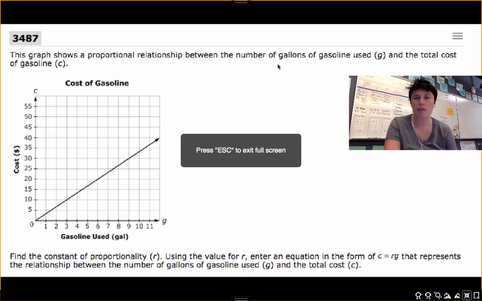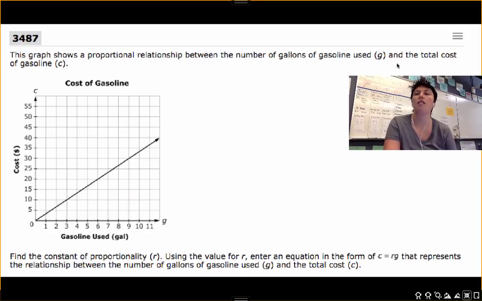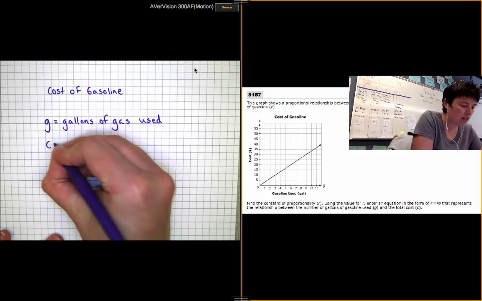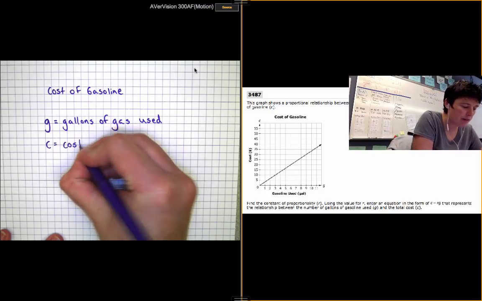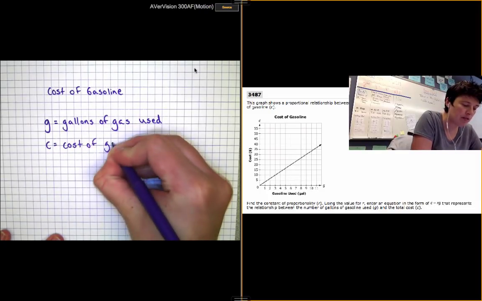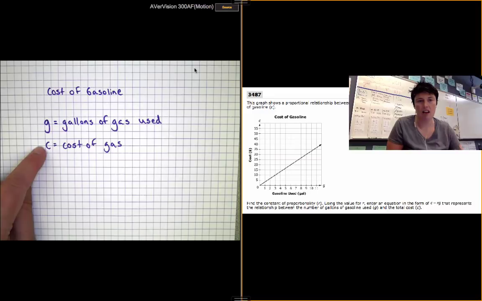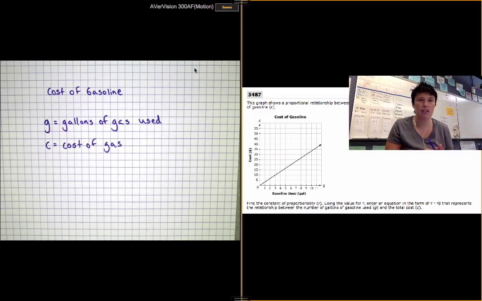Between the number of gallons of gasoline used and the total cost of gasoline, C. Total cost of gasoline. So that means C is the cost of gas. That was a really complicated sentence for just saying G is the gallons and C is the cost. So I think we've narrowed this down and figured out the basic facts now.